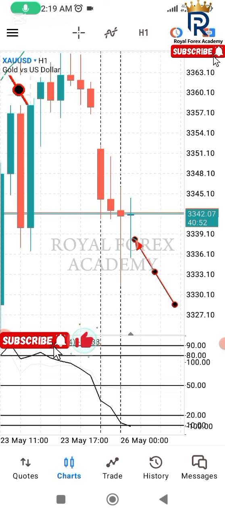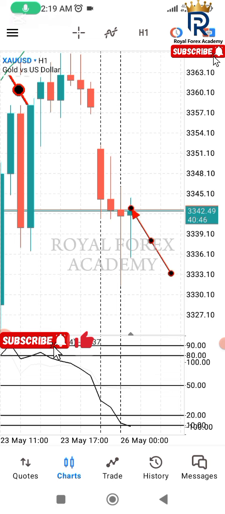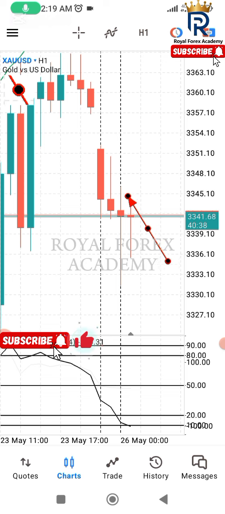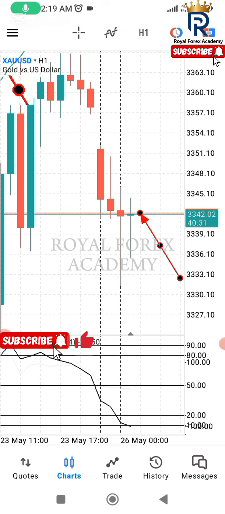Sellers push the price down, and then buyers came in and pushed the price to this upside. So currently you can see where the candle is. At the moment, the market participants who are in control of this particular candle are the buyers.